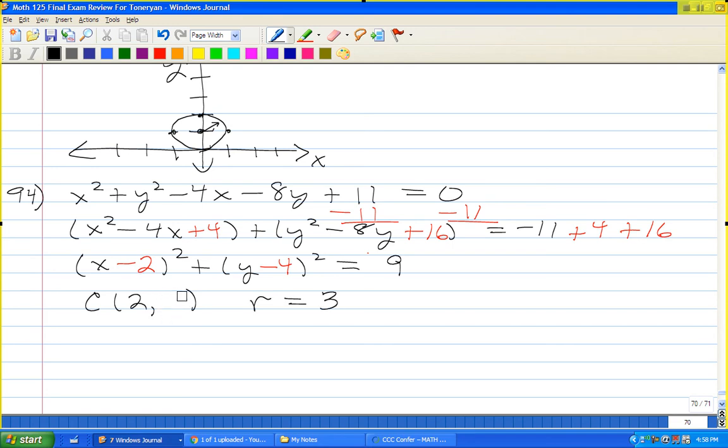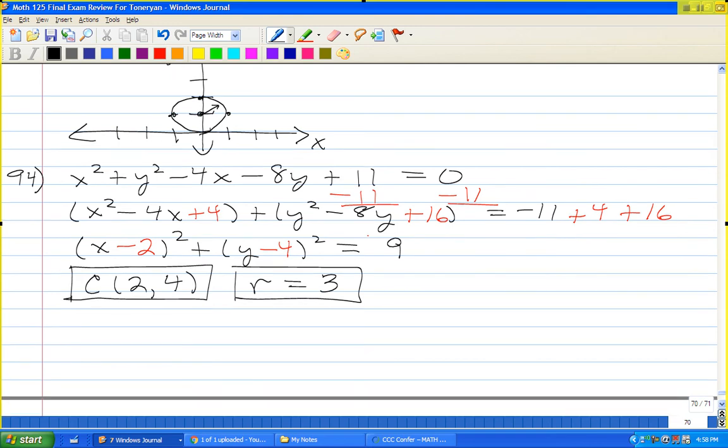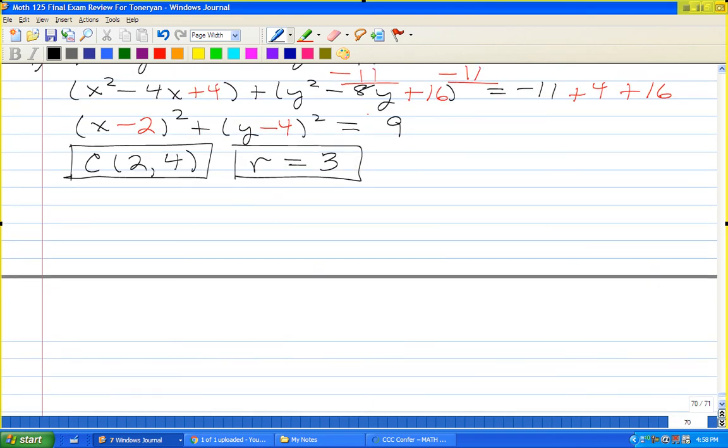So let's see if I can draw this. It'll be a little bit bigger, and actually harder to draw since it's bigger, but okay. Let's draw it over here. So 1, 2, 3, 4, 5, 6, 7, just barely.